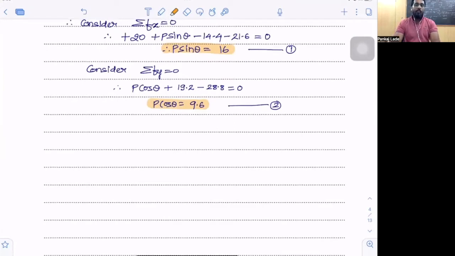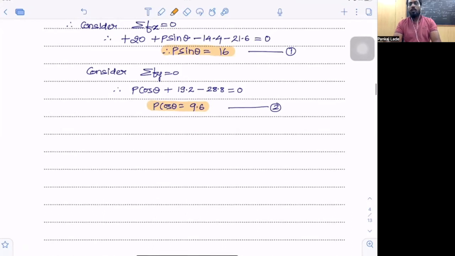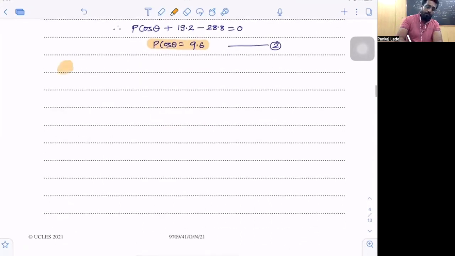I want to get the value of P and theta. So to get the value of P, it's very simple. I can simply do the squaring of the 2 equations and add them. Okay, so squaring and adding 1 and 2. So I get P square sine square theta plus P square cos square theta.